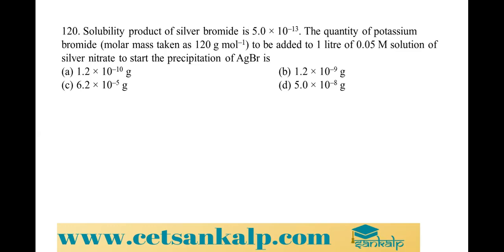See, here AgBr is of course a sparingly soluble electrolyte, correct? AgBr ionizes to give Ag plus and Br minus.